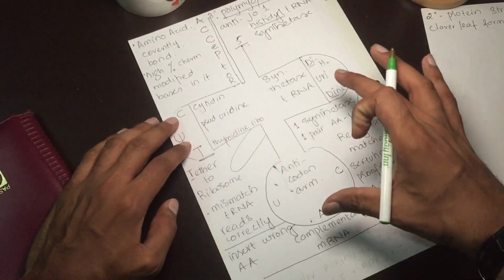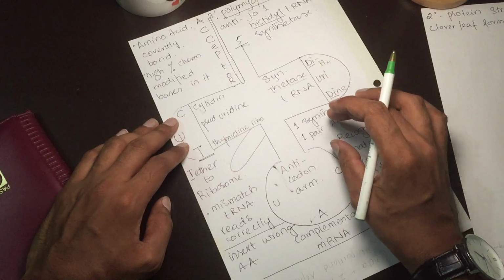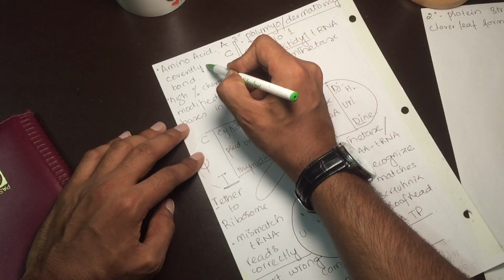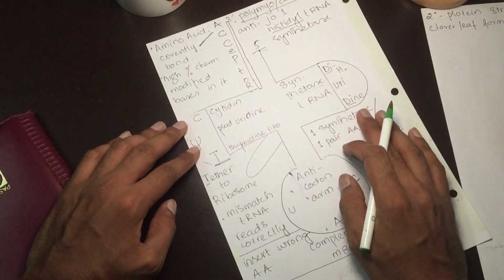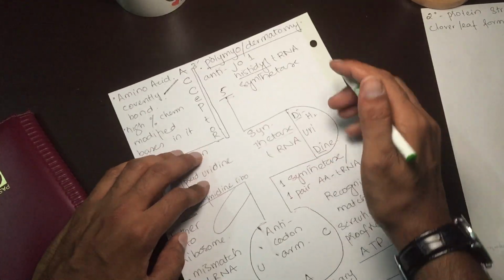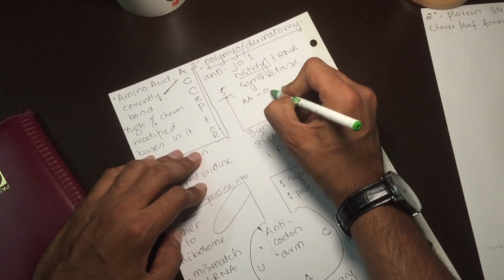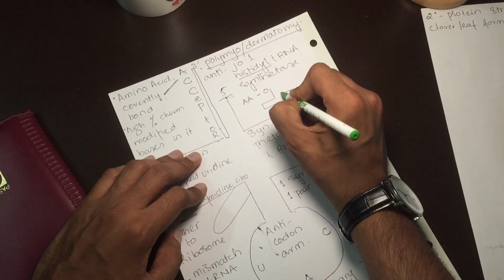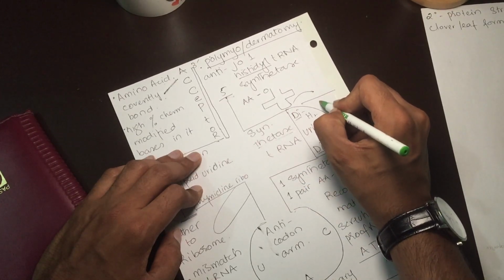So this transfer RNA, this synthetase gets ATP and charges, and this amino acid is covalently bound with this site, and it now goes to the messenger RNA over there.